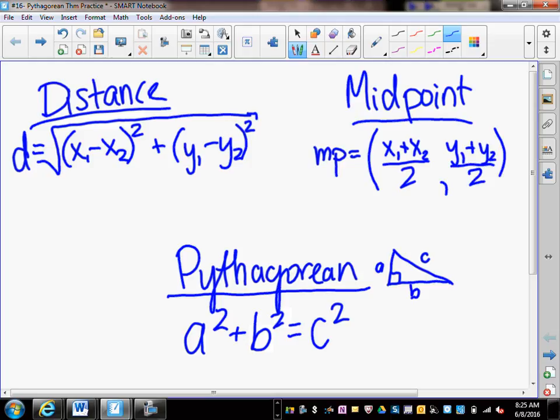Awesome. So you add your x's and divide by 2, add your y's and divide by 2, and that's your midpoint formula. So remember, it's just the average of each one. It's the halfway point. So you add them and divide by 2. Very good. So again, you have to have these memorized by next class, because for the test, you won't be getting these.